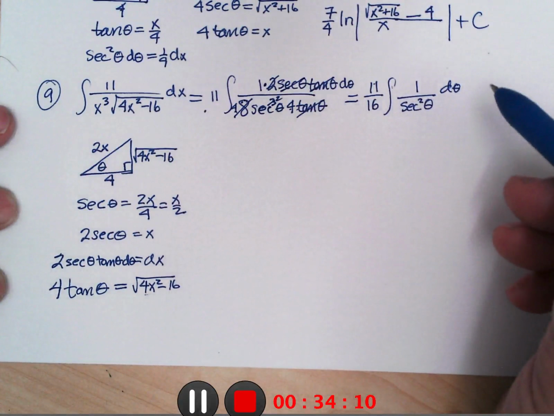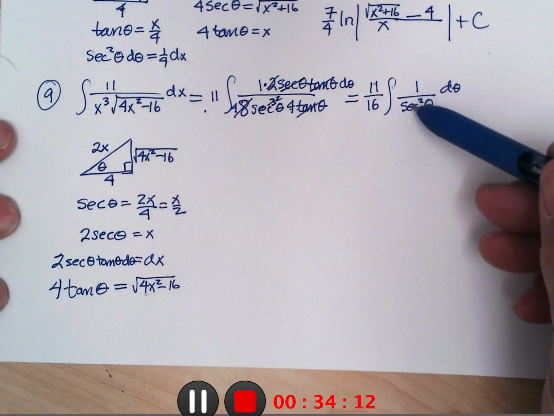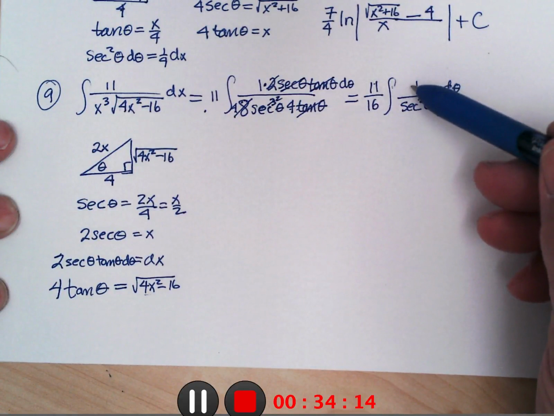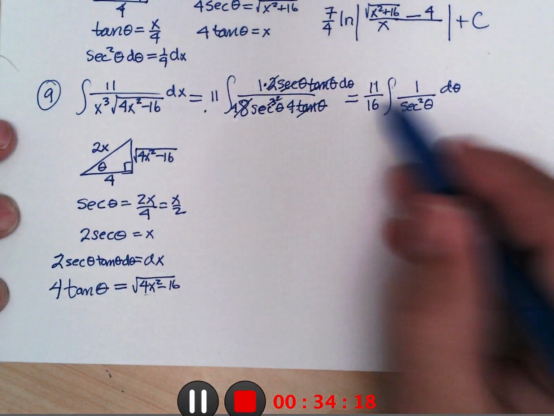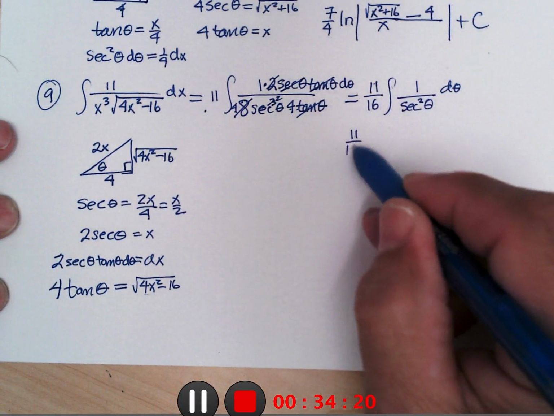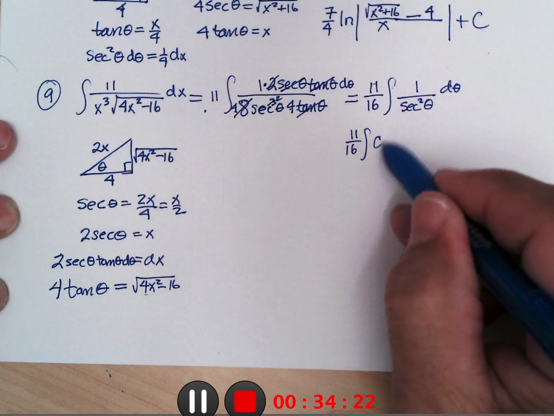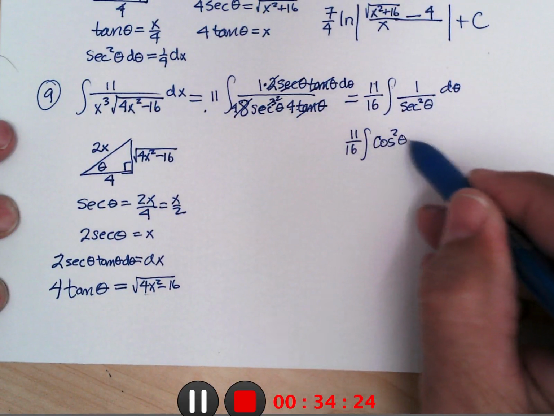Well, secant squared, if I move it to the numerator, becomes, since 1 over secant is cosine, it becomes cosine squared. So I got 11/16 the antiderivative of cosine squared theta d theta.